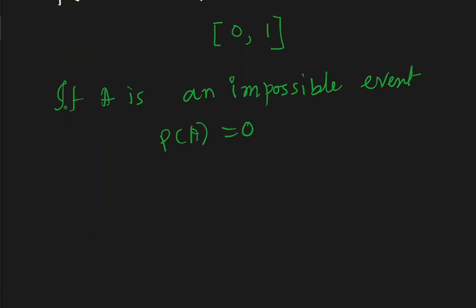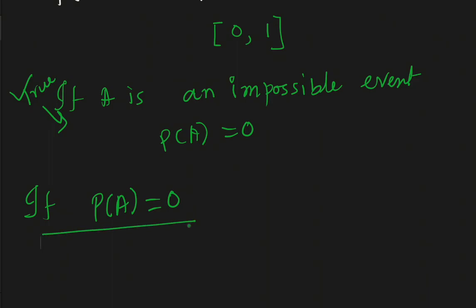But it is not true that if the probability of A is 0, it implies that A is an impossible event.